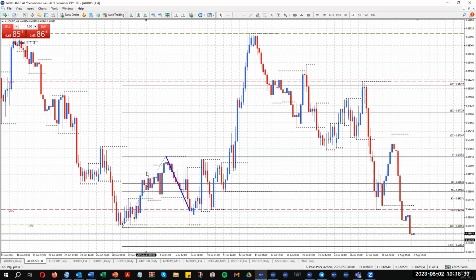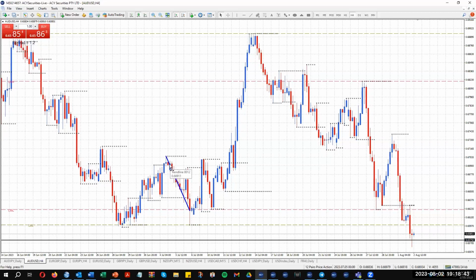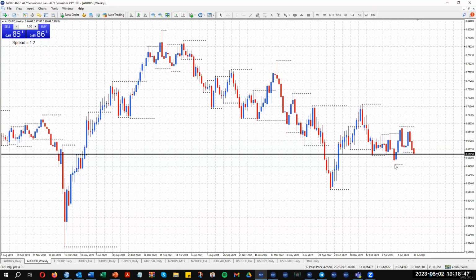So the thing that really got my focus in this area was the month before, back to the weekly chart, we had this false breakdown here and an impulsive move up to a higher top. So then I was looking at the 62% retracement in here for the potential for then this to move up.